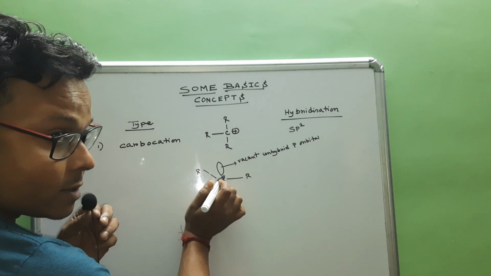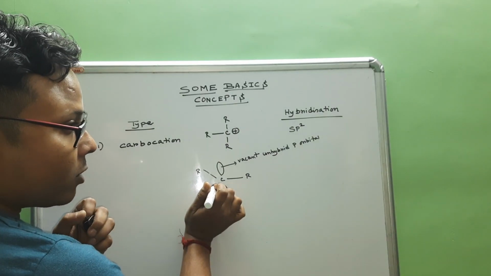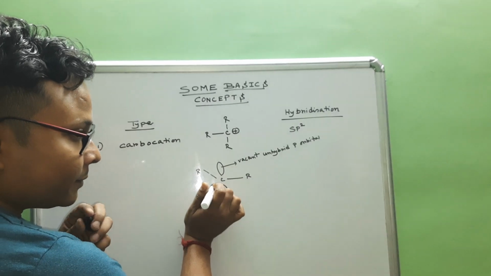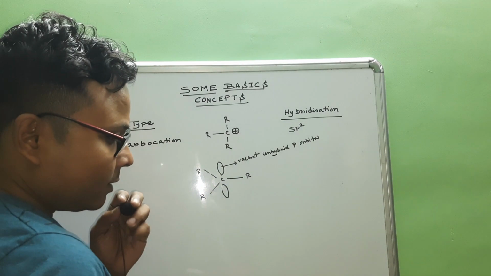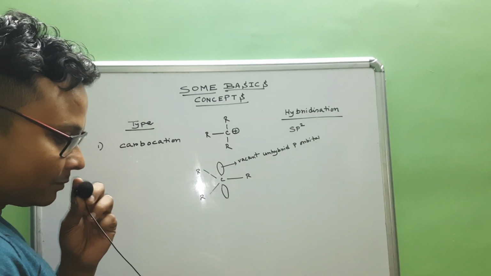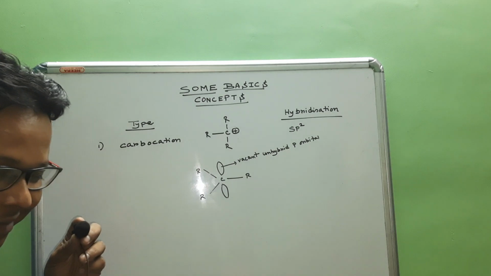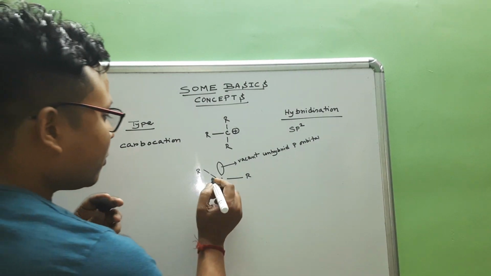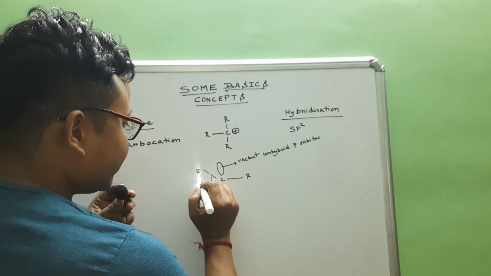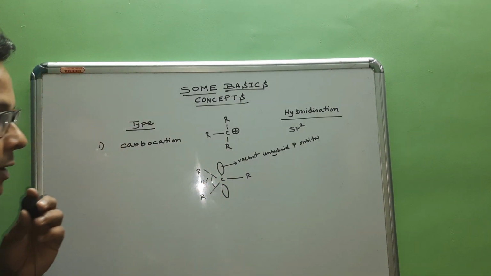These three bonds are in the same plane, in a triangular plane. So what are the bond angles? All the bond angles are 120 degree.